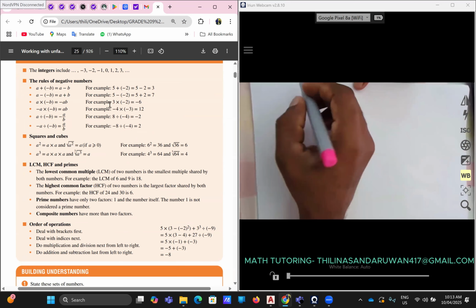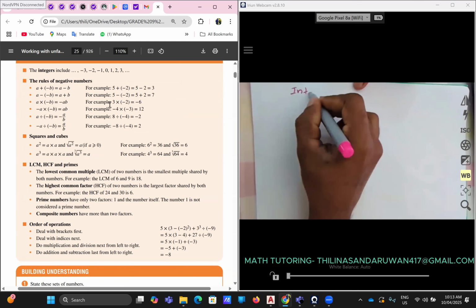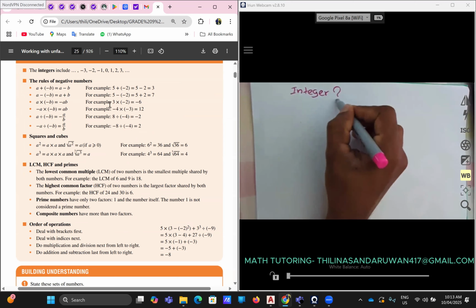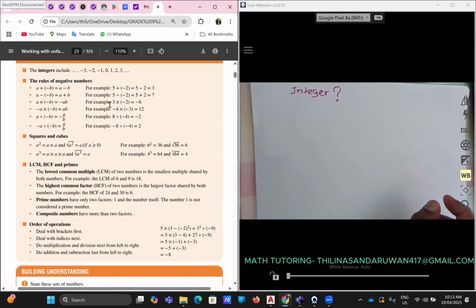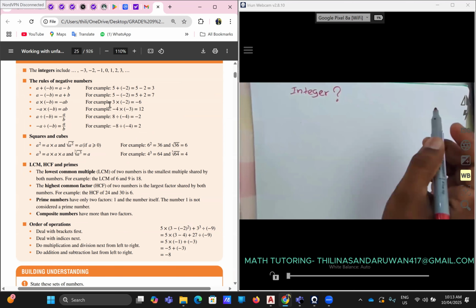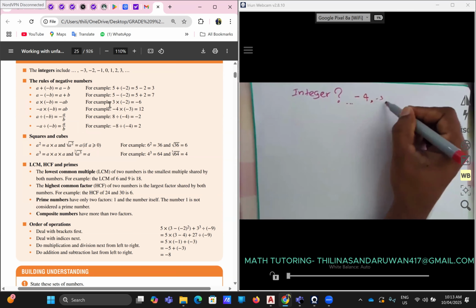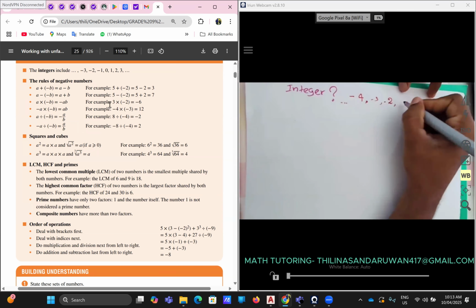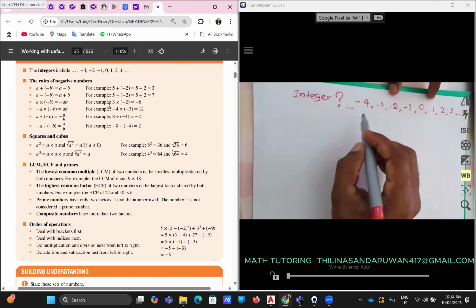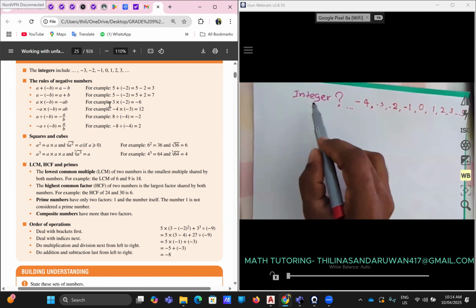So first of all, what is an integer? You can see here, they have given from -3, but we can say -5, -6, up to -1,000, -10,000, like that. -3, -2, -1, 0, 1, 2, 3, up to infinity. What is the important thing about integers?